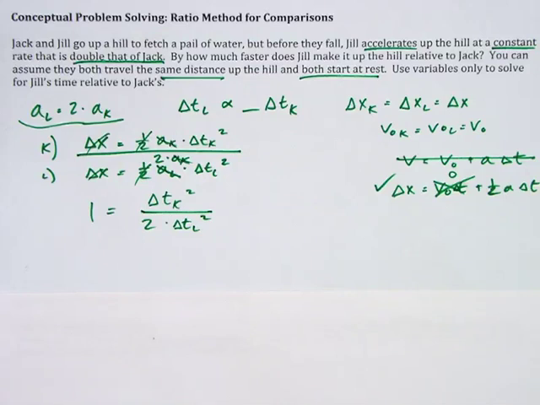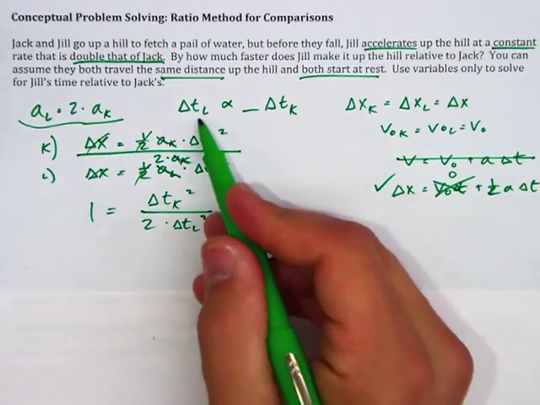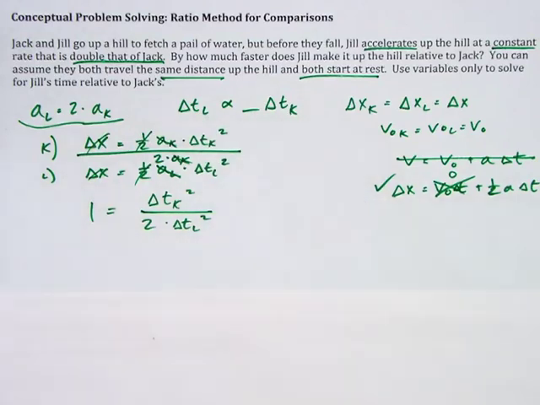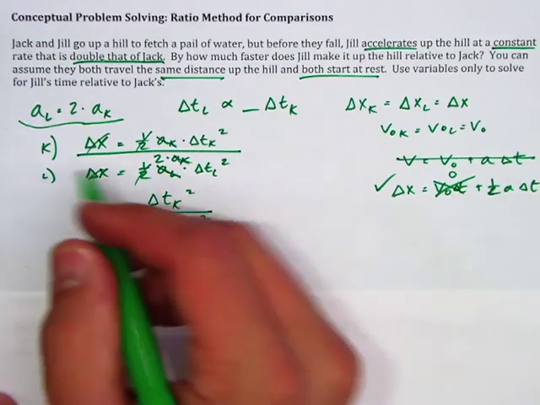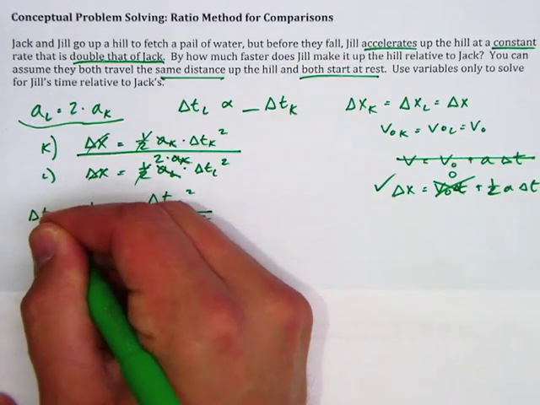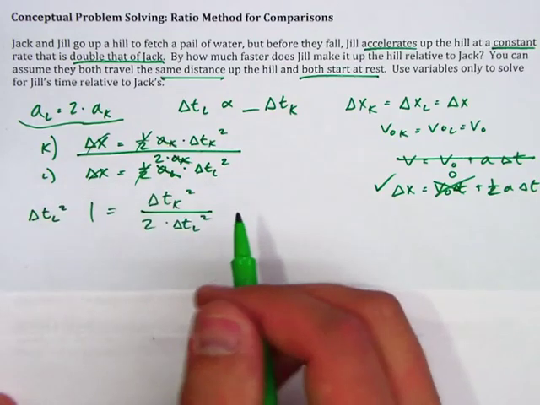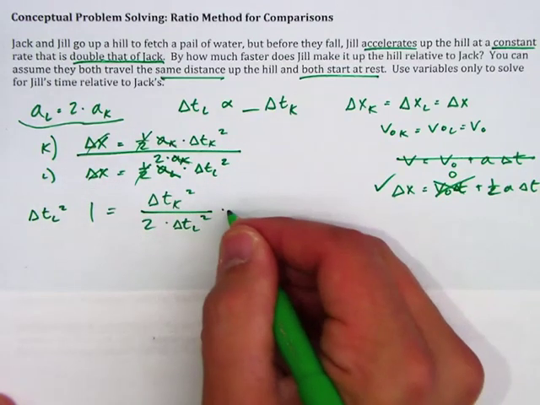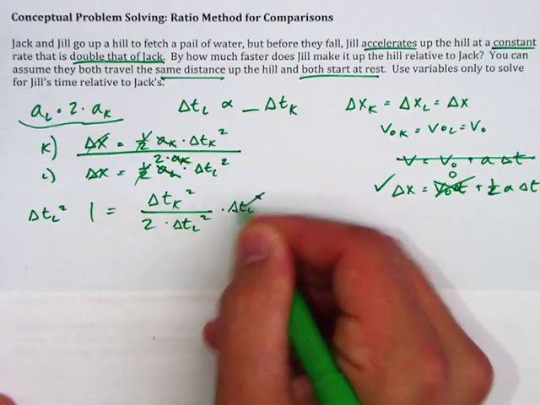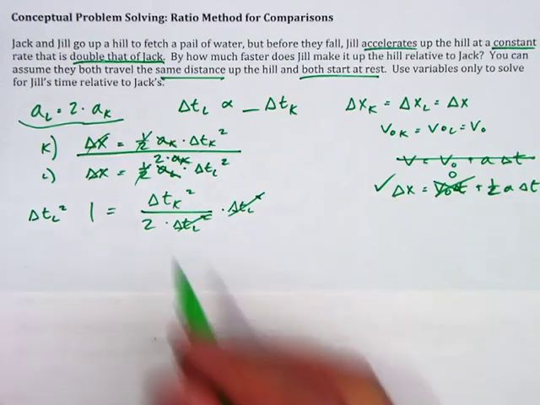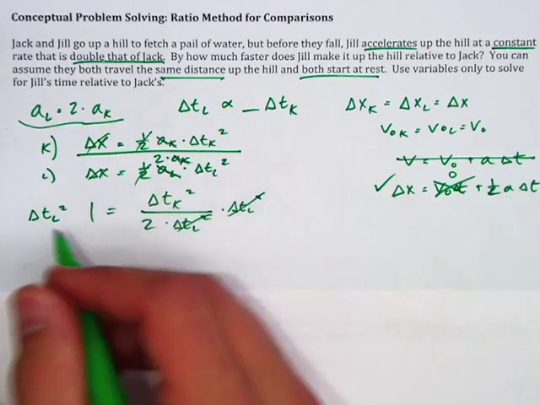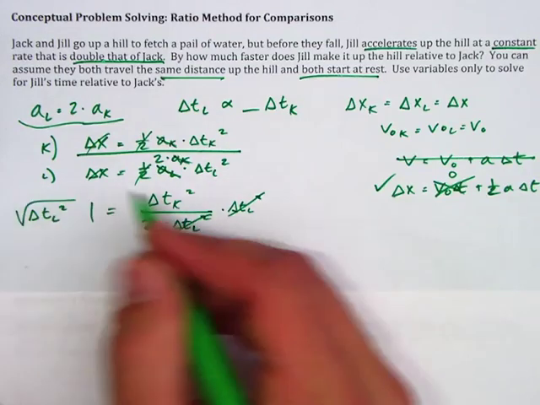So I want to get an expression for t_L, Jill's time, relative to Jack's. So let me, at this point, multiply delta t_L squared to the left, and then I have 1/2 and 1, so I have a square term here, so I'm going to have to square root this.